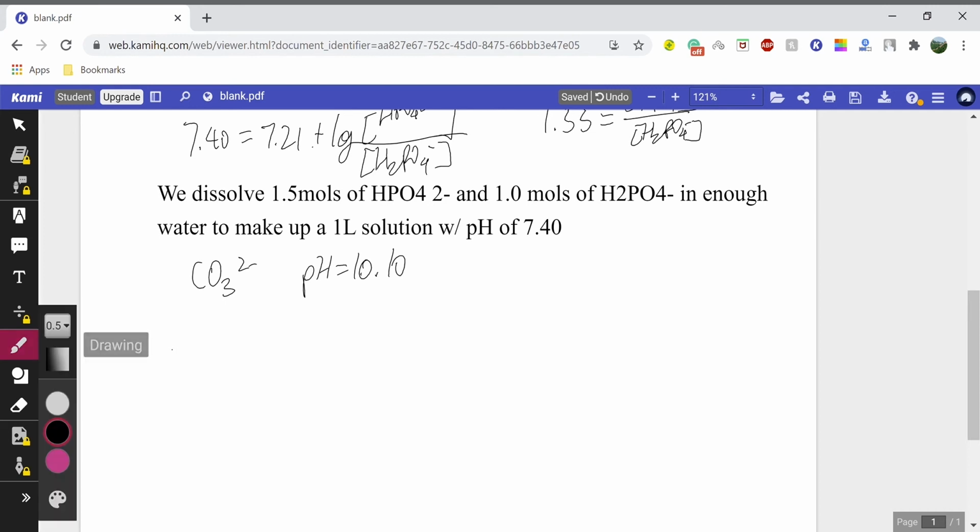Now with this ion, we can form two equations. We can have H2CO3 plus H2O, which forms HCO3 minus plus H3O plus.